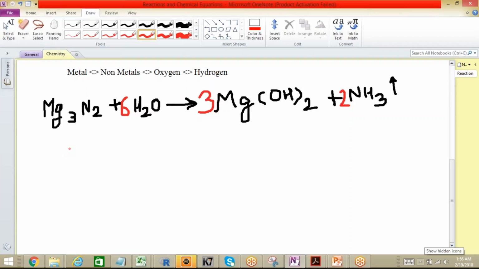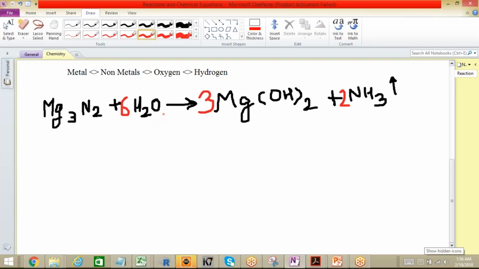Right. So now if we check again, magnesium has 3 atoms here and 3 atoms of magnesium there, that's completely balanced. Then we have nitrogen. We have one atom here, sorry, two atoms here, and we have two atoms of nitrogen in the output also.